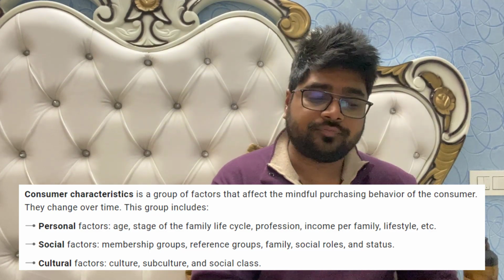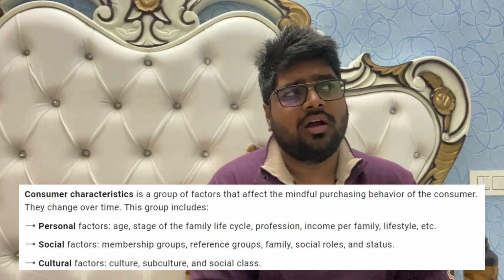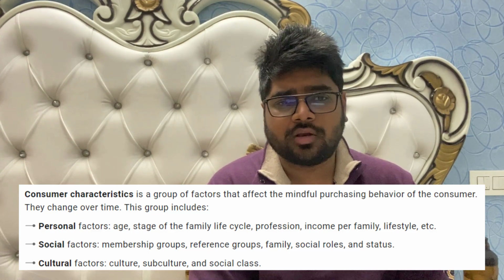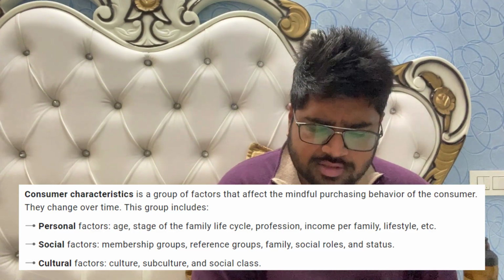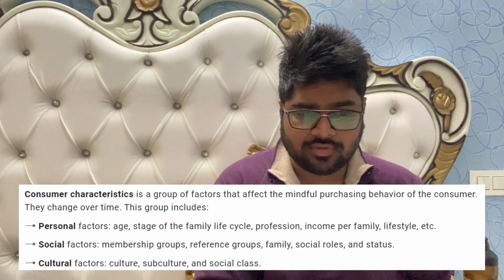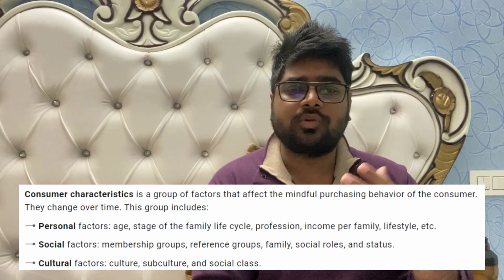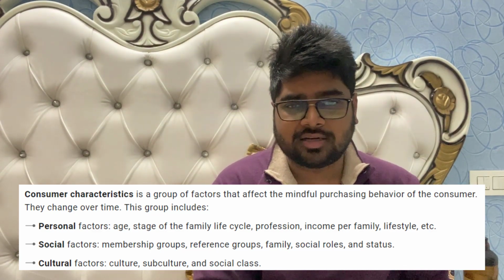Next thing is the consumer mind, which is again characterized into two further groups. First one being the consumer characteristics. Now, consumer characteristics is basically how the consumer or the person is with the surroundings they live in, right. So the first one is the personal characteristics.